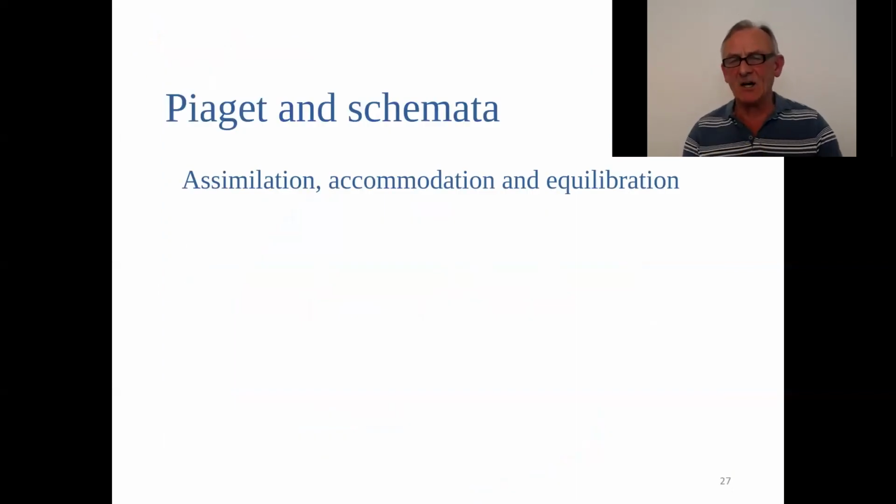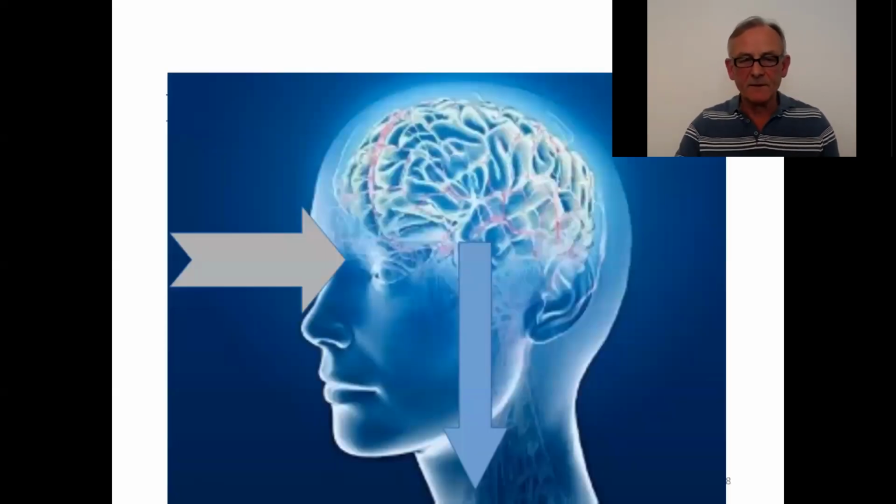The whole idea of cognitive challenge depends upon these three ideas that I'm going to try to explain: how our minds assimilate new information or new problems, how they sometimes are not ready to deal with that new information and have to change their way of thinking. And this often leads to a new equilibrium, a new way of thinking.